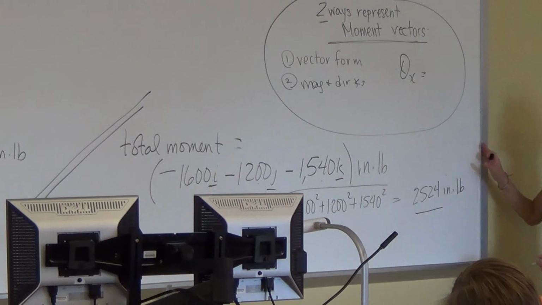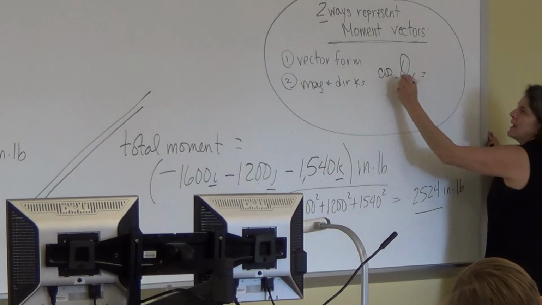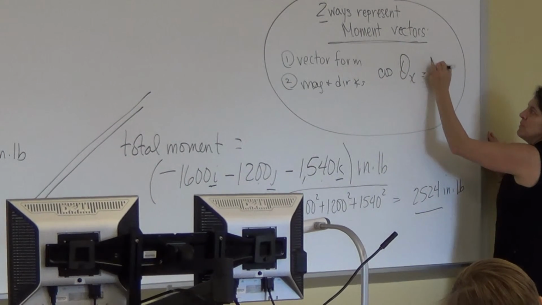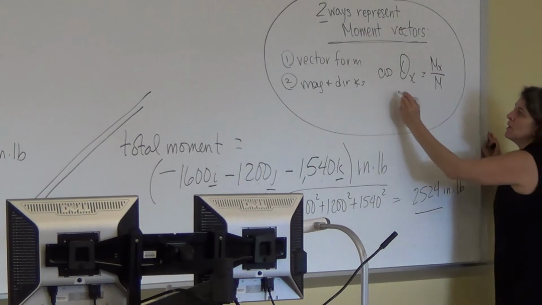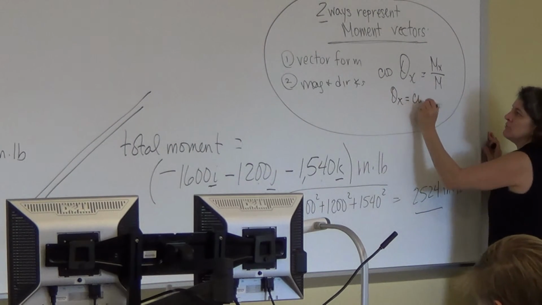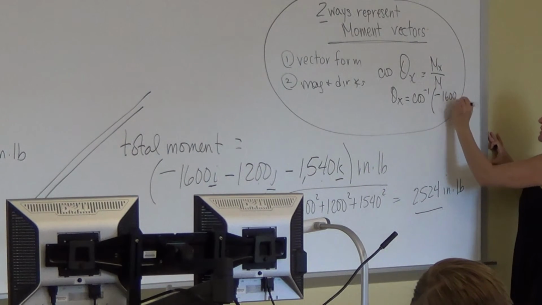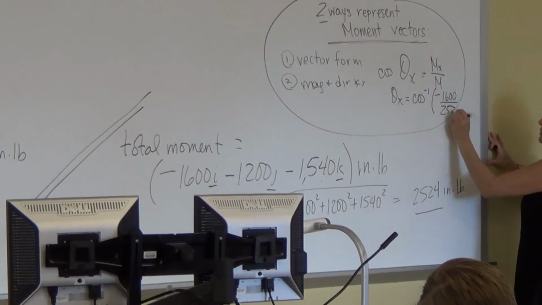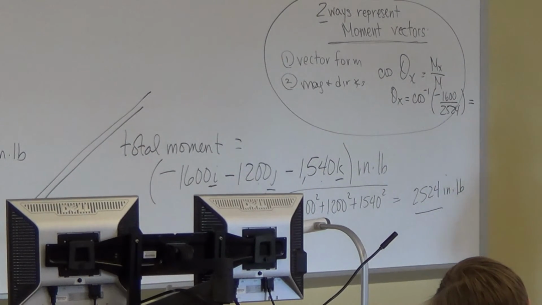Okay, so magnitude times the cosine of the angle. The cosine of theta x is going to be equal to the x component of the moment divided by the magnitude of the moment. So theta x is going to be the inverse cosine of negative 1600 over 2524. It's a negative value. What should I get, an obtuse or an acute angle? Obtuse.